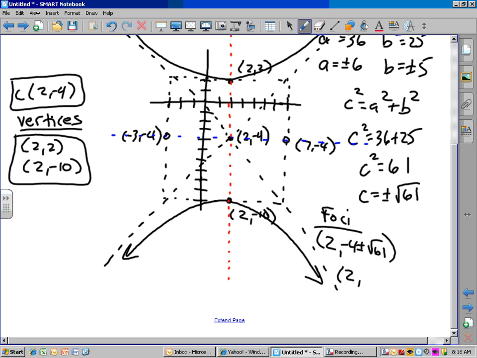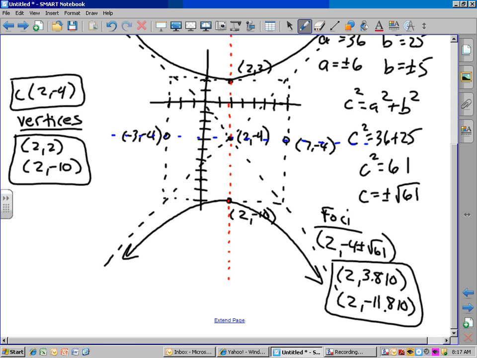So let's go negative 4 plus the square root of 61, negative 4 minus the square root of 61. All right, getting 3.810 and negative 11.810. So that's our foci, and when we plot them, it should make sense. 2, 3.8.